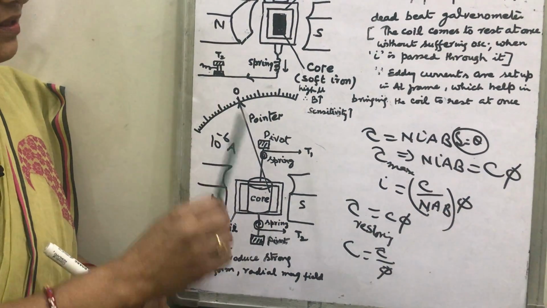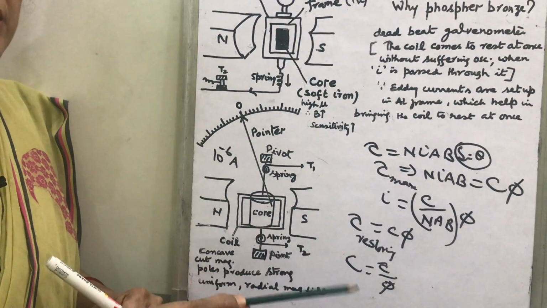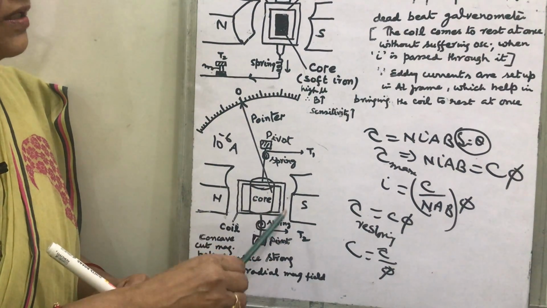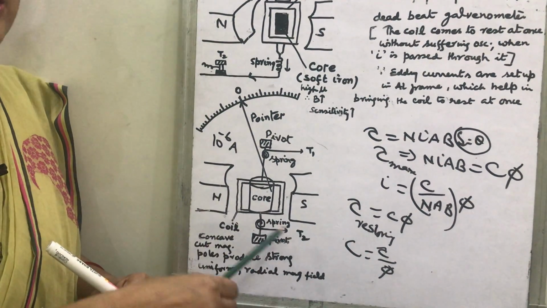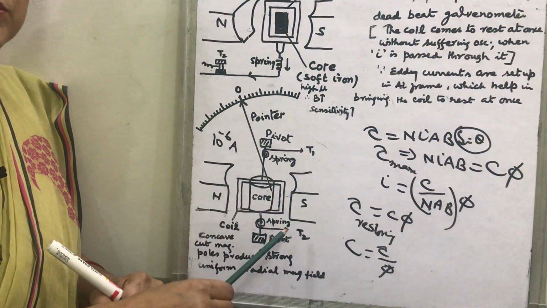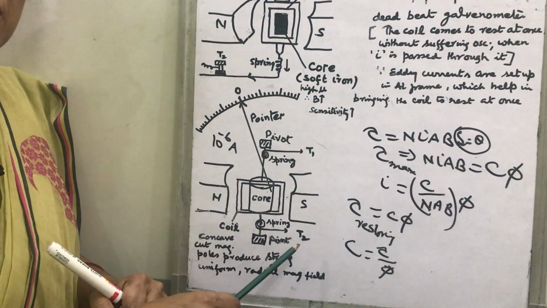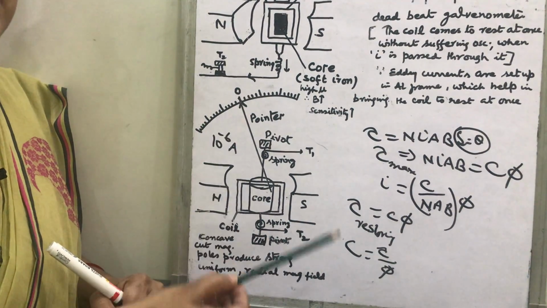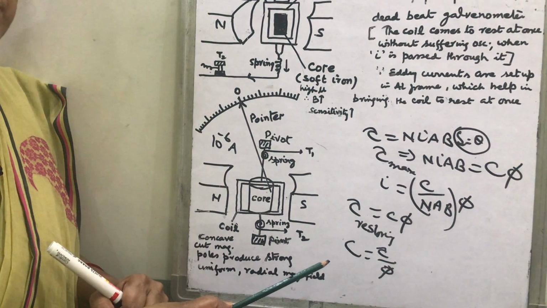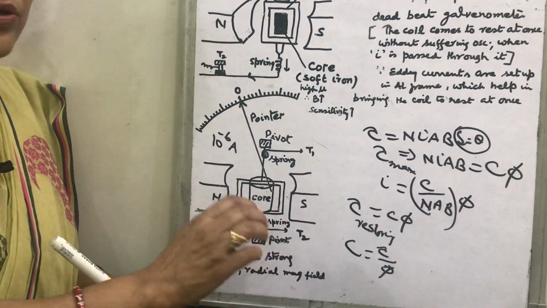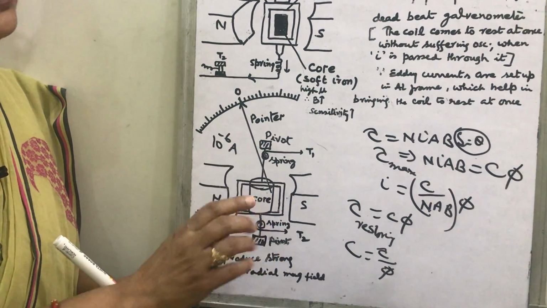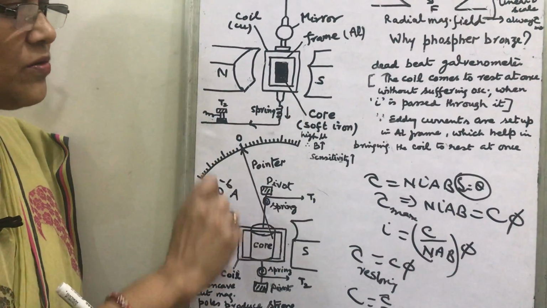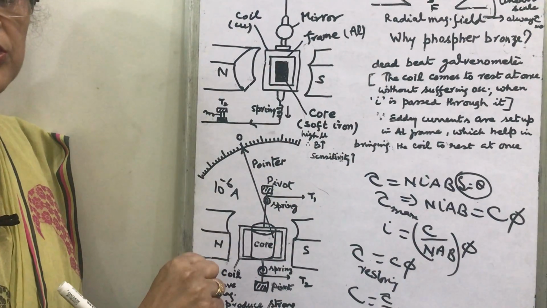What is this galvanometer and what is its current sensitivity, and when it is converted into an ammeter and voltmeter, what is the current sensitivity, voltage sensitivity, what is the range of the ammeter and voltmeter, how it can be increased, we will discuss today. So I hope that you must have understood the radial magnetic field, the role of the soft iron core, and why phosphor bronze.